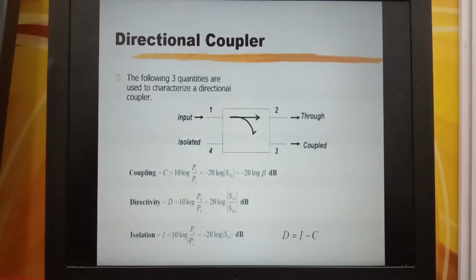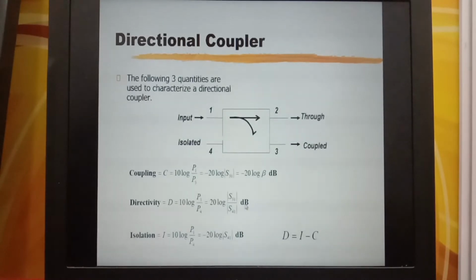The difference between the value of isolation and the coupling factor is called directivity. In other words, directivity is the power coupled from port 1 to port 3 compared to the power coupled from port 1 to port 4. Therefore, we have this formula, 10 log of P3 over P4.